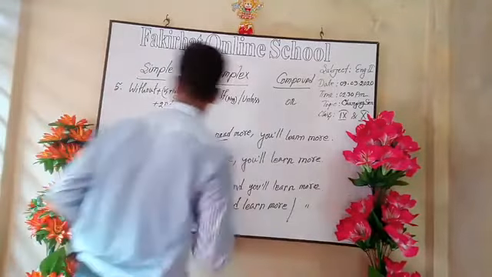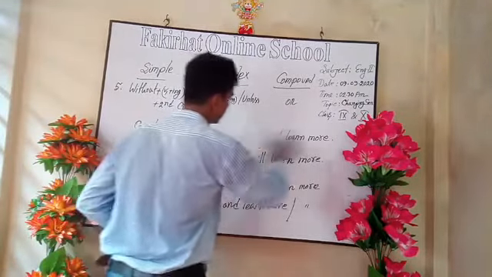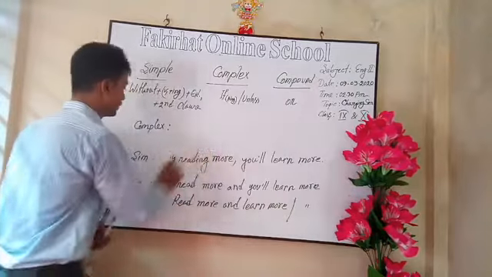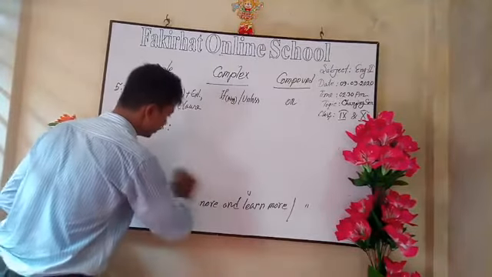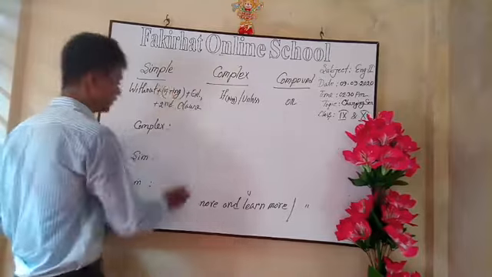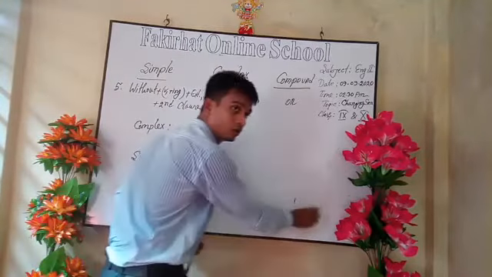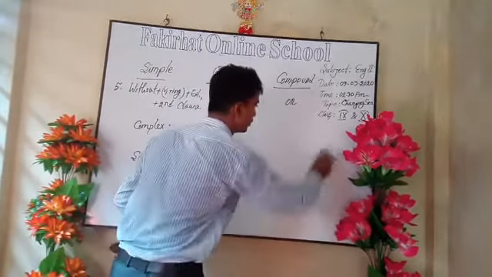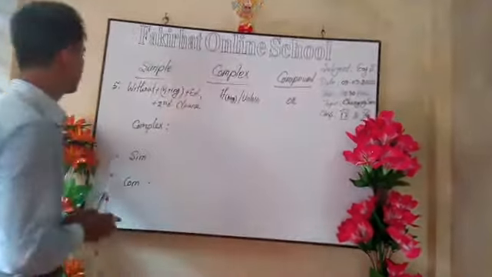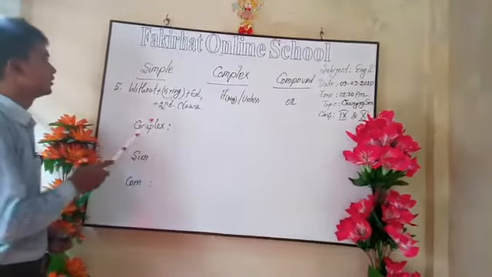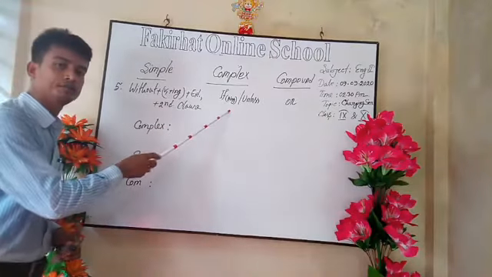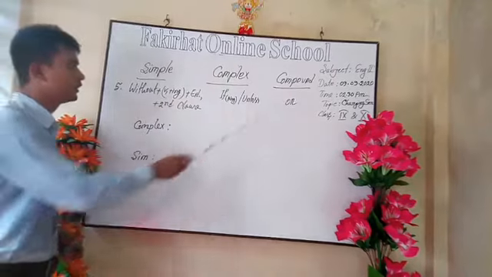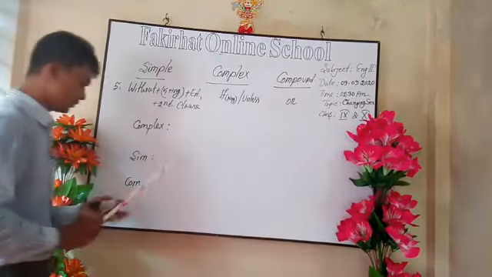Dear students, notice this structure or rule. Without verb 1 plus ing plus extension, then second clause. Here, if negative or unless, and then or.